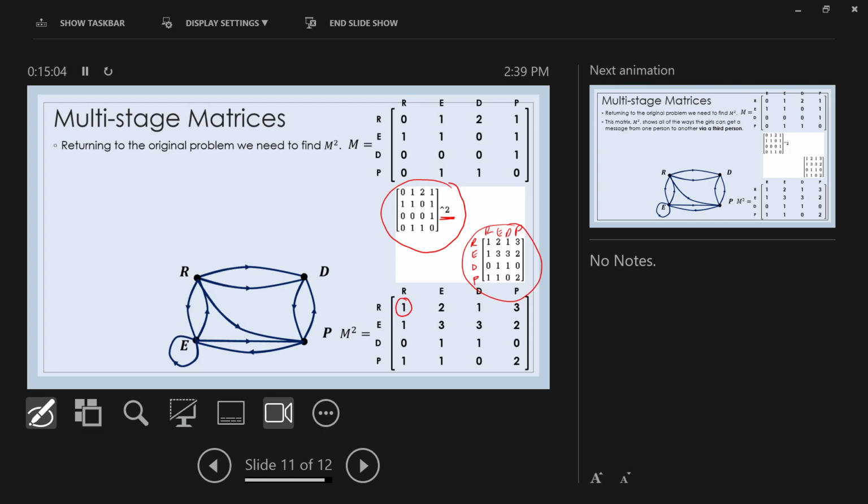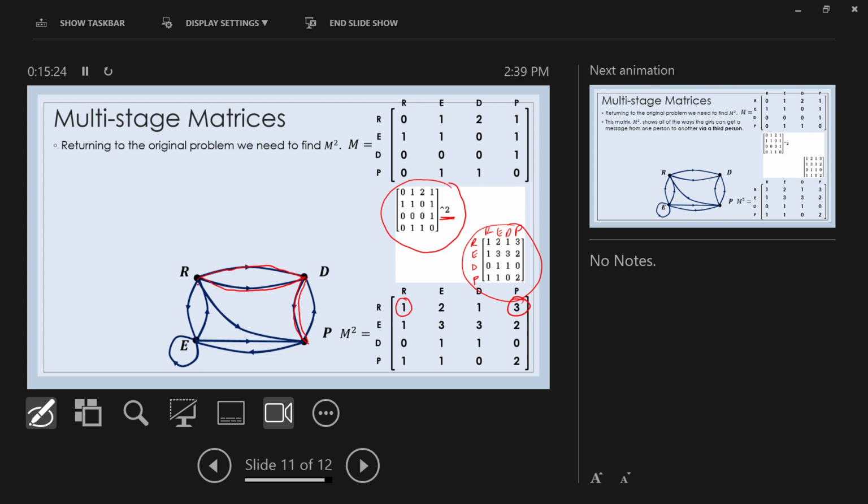If we looked at another one, let's try R to P. There are 3 ways of doing that. So here is one way, going across the top and down. A second way would be going across to D and then down, that is 2.